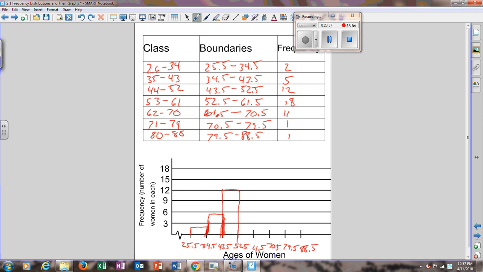And up to 18. And 11. One. And 1. So not too hard, just time consuming to rewrite all this stuff on the table and then redraw your tables again.